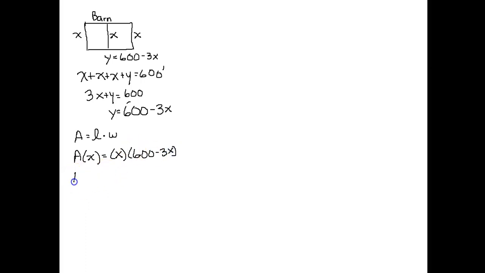So area A of x is going to equal 600x minus 3x squared. Or we could say negative 3x squared plus 600x. So we once again have a parabola that dumps out water. And the vertex gives us a maximum point. That is, at the x value for that vertex, the y is the maximum value, maximum area.